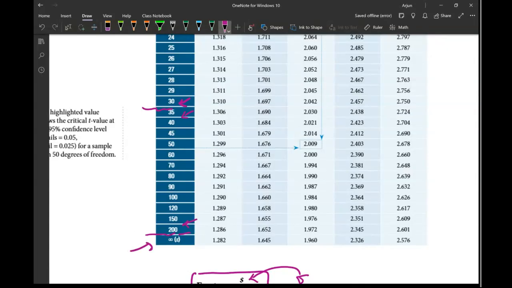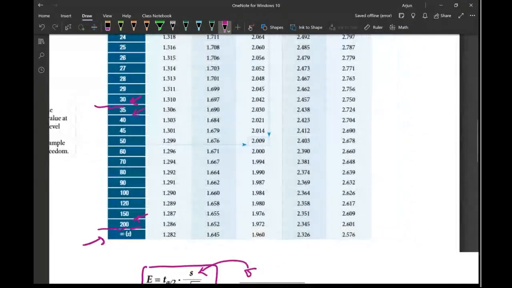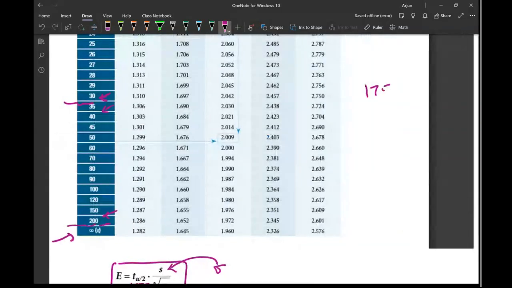But how are you going to approach these kinds of questions if the value is not given? Let's say you are given a sample size of 175. The n value is 175, and the degree of freedom will become 174 in that scenario. So you're going to look at the value one prior to 174, which is given to you.